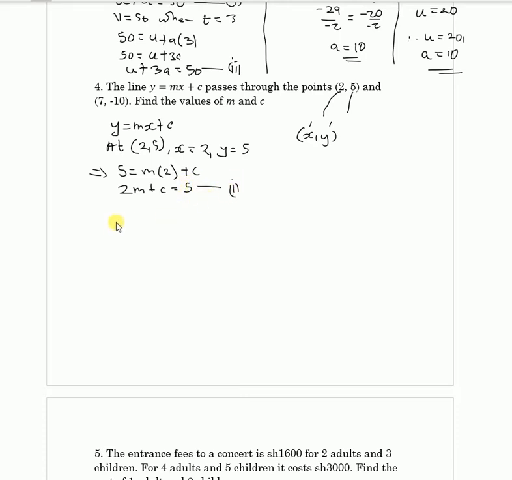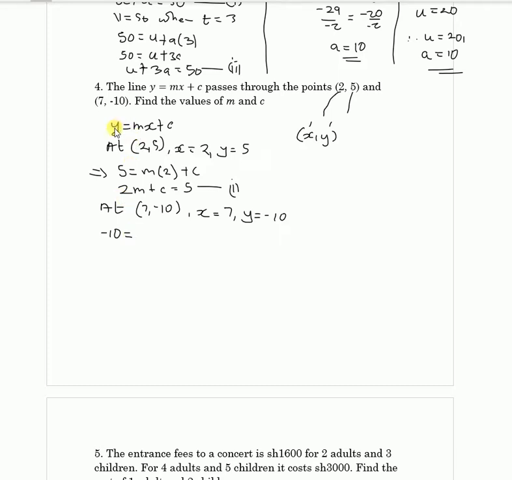Then at some other point, which is (7, -10), I have that x is equal to 7 and y is equal to negative 10. So we shall still substitute the y, which is negative 10, in this equation.